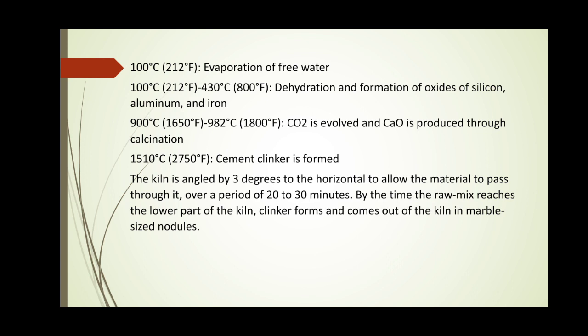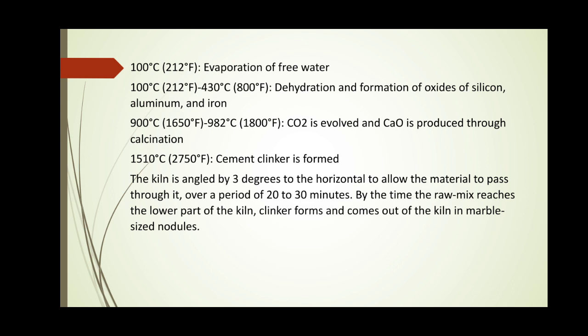By the time the raw mix reaches the lower part of the kiln, clinkers form and come out of the kiln as measurable sized nodules. We know the moisture content in cement may spoil its properties and form lumps.